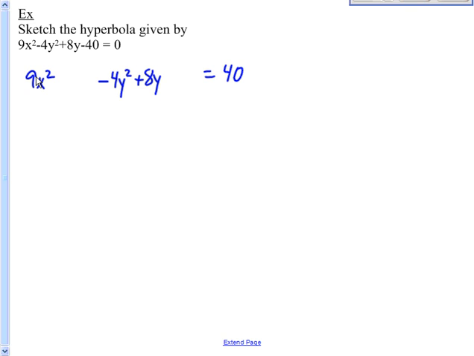Okay, now let's complete the square. The first thing you want to do when you're completing the square is take this 9 out of the x squared, and let's take this minus 4 out of this y squared. This should make things a little easier. Whoops, that's got to be a minus 2y.